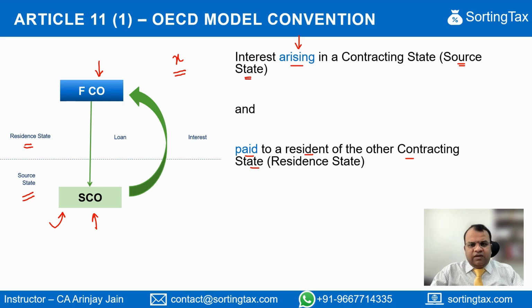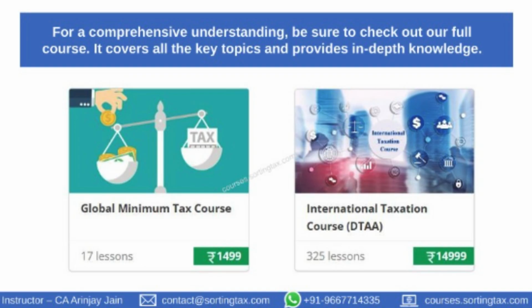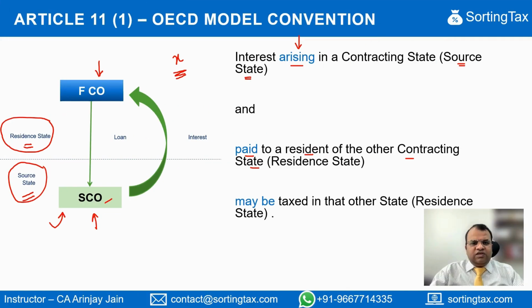That may be covered under the tax treaty between the source state and this company in the X jurisdiction. But if there is an interest which arises in the source state and it is paid to a resident of the other contracting state, then such interest may be taxed in that other state, which means the right to tax such interest may be given to the state of residence.